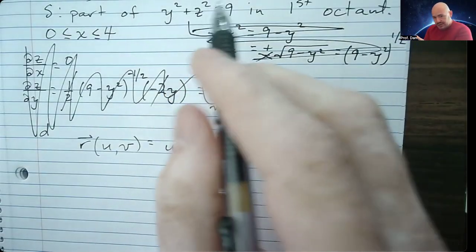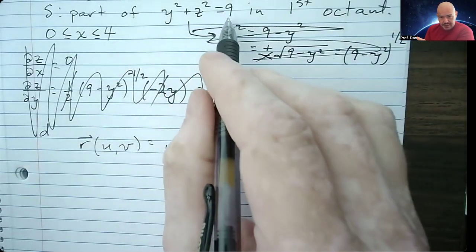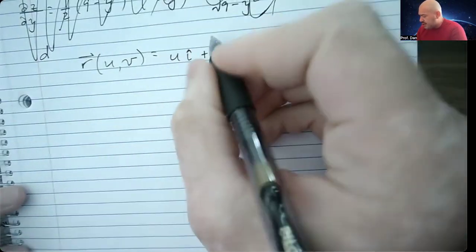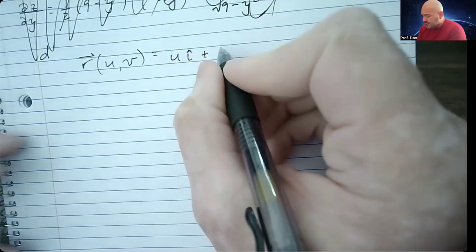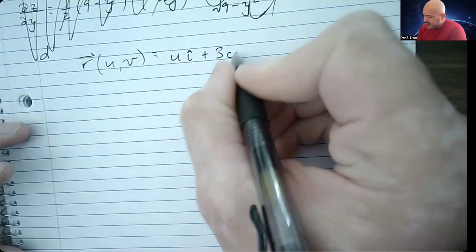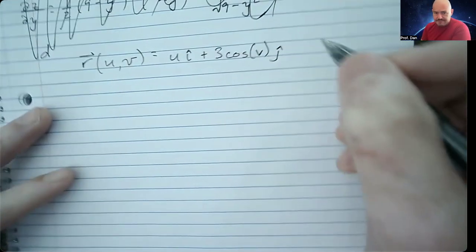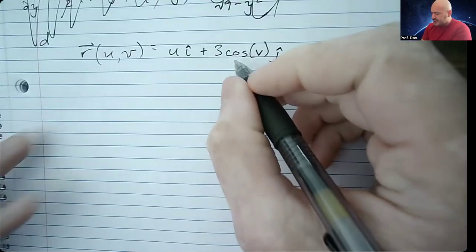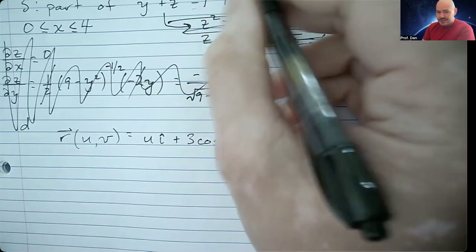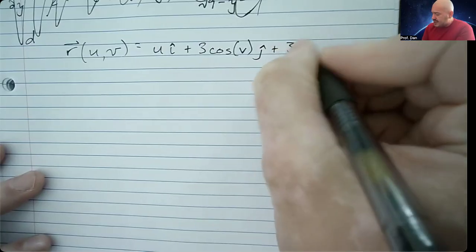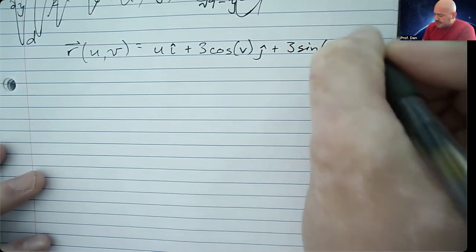All right, now I mentioned in the YZ plane or parallel to the YZ plane, we have a circle with a radius of 3, right? So circle centered at the origin, radius of 3. That means that my y and my z components are going to be 3 cosine of v for the j component, right? 3 is the radius, cosine of v because in the YZ plane, y serves as the horizontal axis, plus 3 sine of v for the z component.